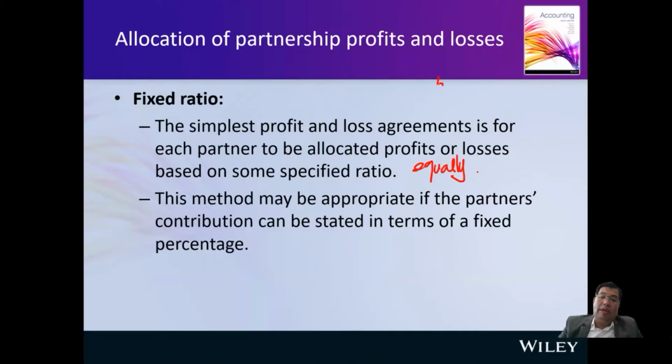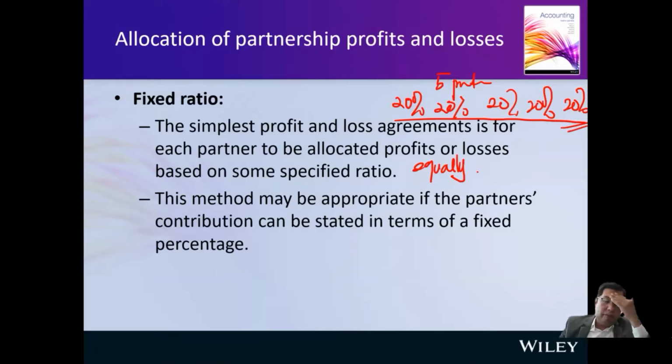What does it mean equally? If you have five partners, maybe you already fix it 20%, 20%, 20%, 20%, and 20%. So we have equal, equal or fixed. Maybe you have a fixed percentage: A gets 40%, B gets 30%, another gets 20%, and another 1%.